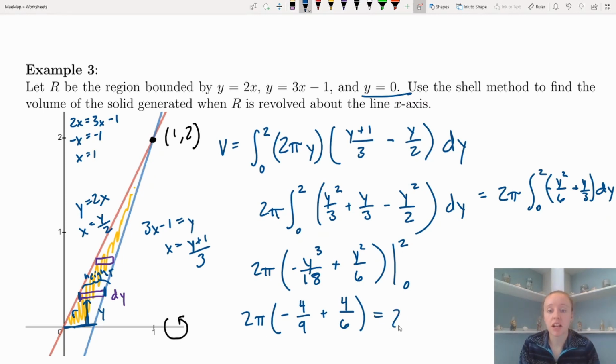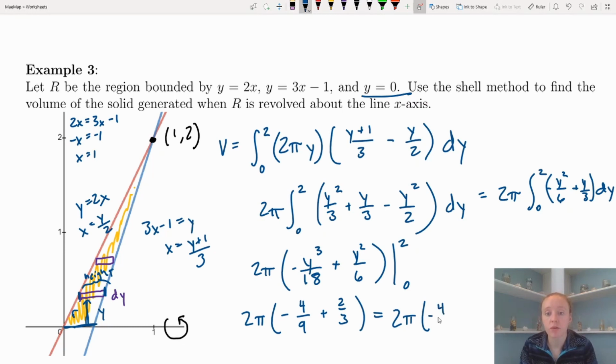Finding that common denominator, I'll get 2 pi between 9 and 6, that common denominator is 54. But I can see here that because I have two even numbers, I'll take this 4/6 and simplify it down to be 2/3. Then my common denominator is a lot easier to work with. It's just going to be 9.